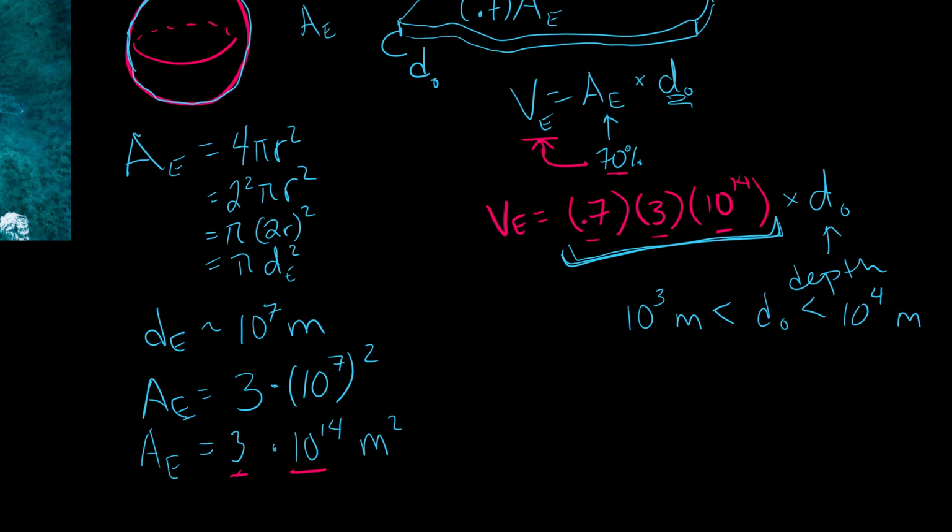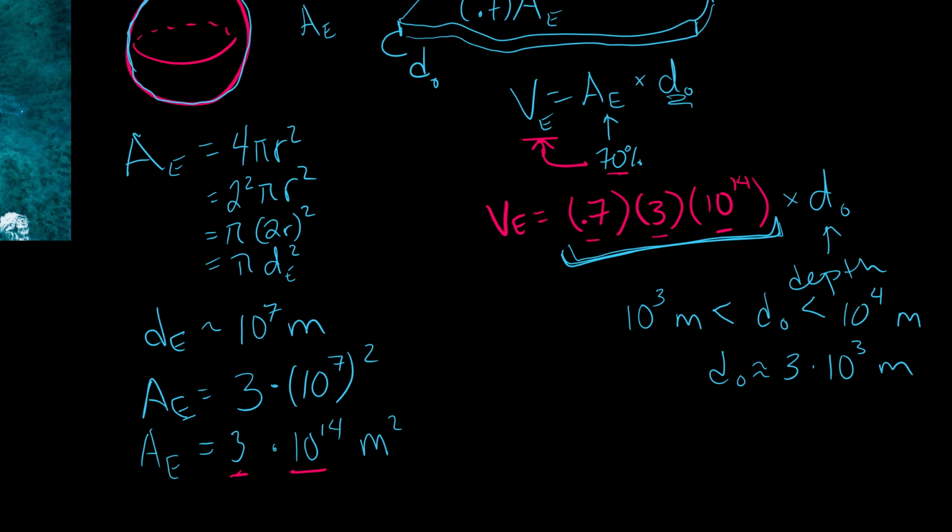So let's maybe use a value of like 3 times 10 to the 3rd as our approximation for the depth of the ocean on average. Okay. Again, I'm kind of just eyeballing it. I know that the deepest parts of the ocean are 10 to the 4 meters.